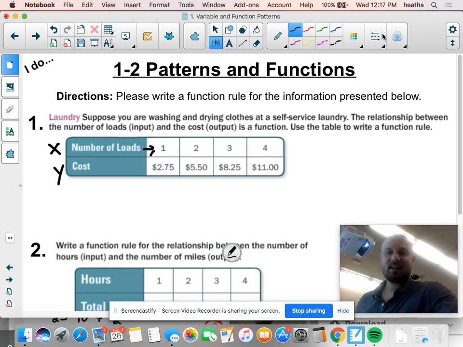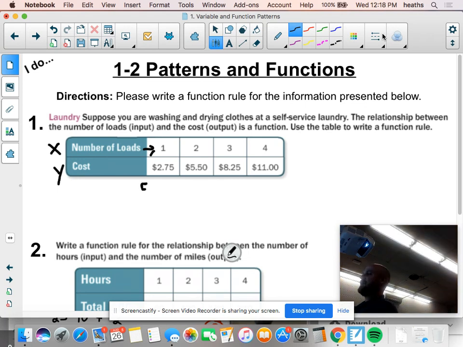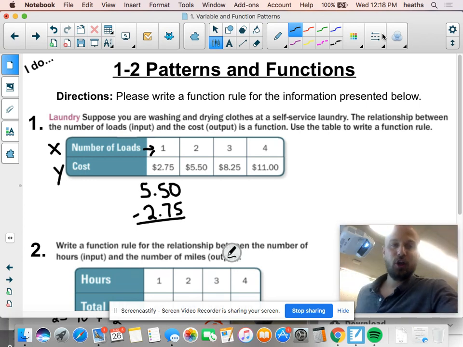So I can't really tell just looking at that how much those are jumping up with each load. So a good way to figure that out is, in this case, I'm going to take the second. So let's say 2 loads was $5.50, and the first load was $2.75. I'm actually going to subtract load 1's cost from load 2's cost, and that will tell me the difference or what it jumps to from 1 load to 2 loads.